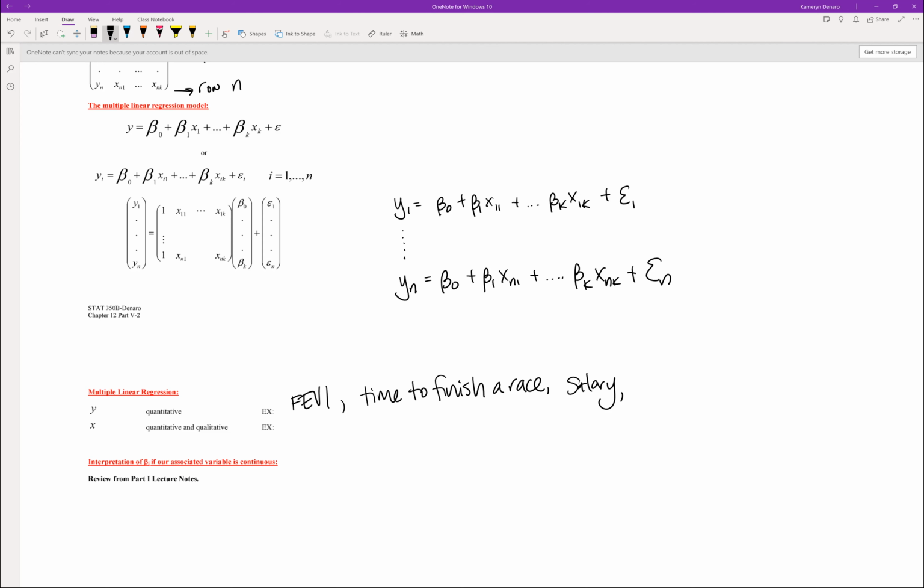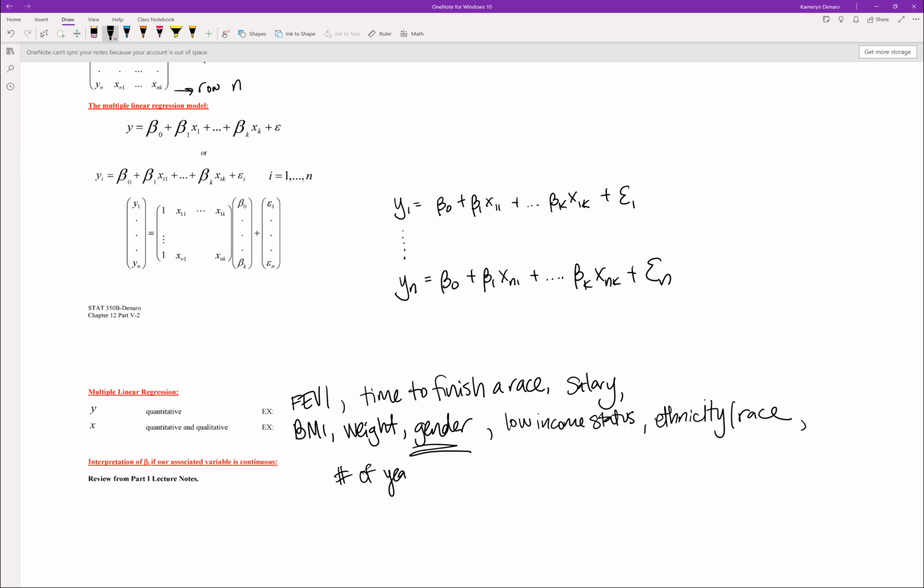But our x values could be a mixture of quantitative and qualitative variables. For example, we could have BMI, weight, or gender, which is a qualitative, categorical variable. We could have low income status, also qualitative. We could have ethnicity or race. We could have number of years in school, which is quantitative.